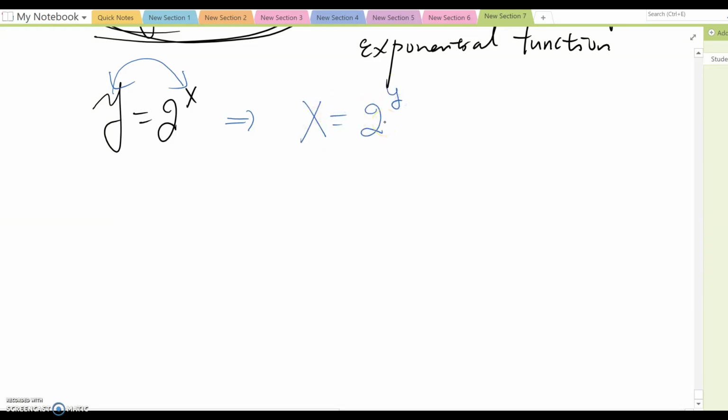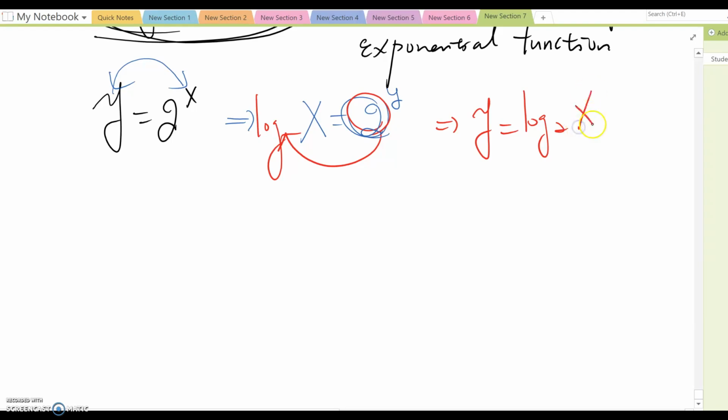Now you want to solve for y, so you move the base to the other side, then y equals, and don't forget to put log base 2 of x here. So that is the inverse function of y equals 2 to the x.